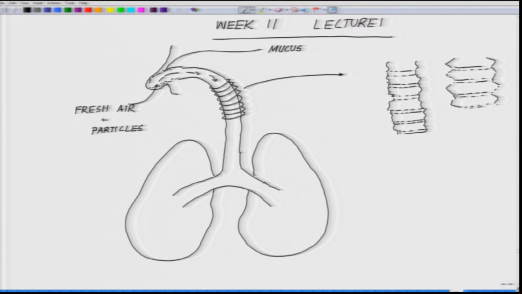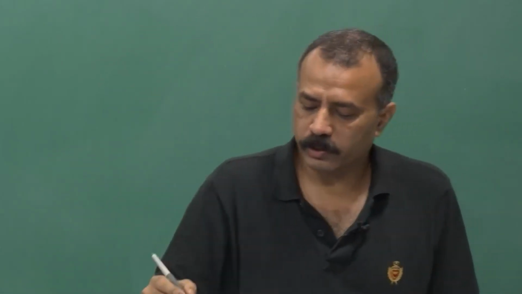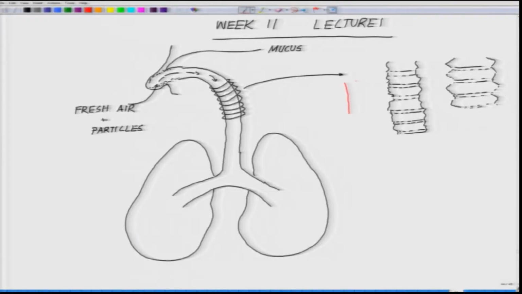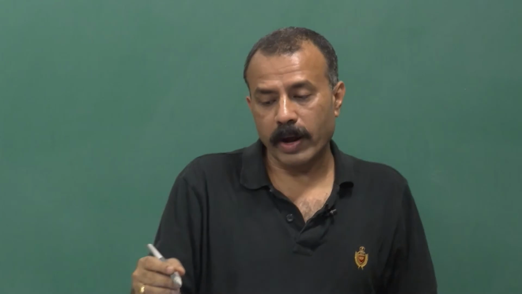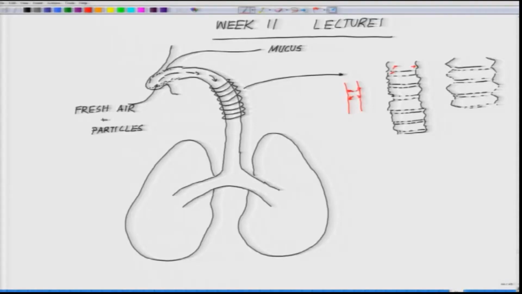Instead of making it a continuous structure, the structure could have been like this. But then there would have been a lot of pressure enforced on these walls, whereas out here there is pressure, but this is a very inflatable structure, and it gives a lot of room to expand according to the needs and requirements.